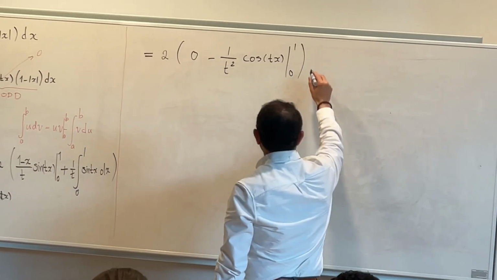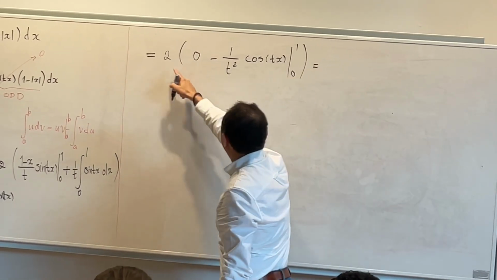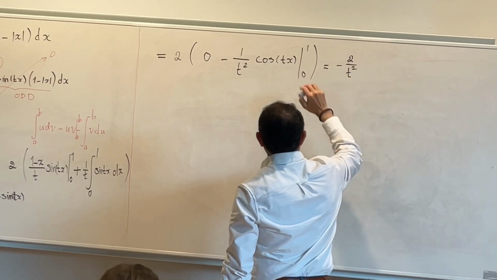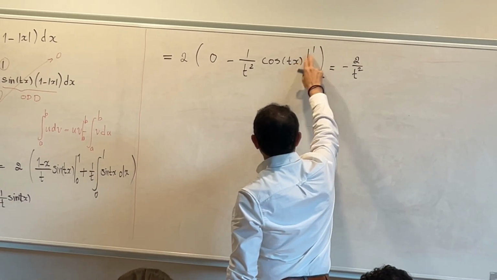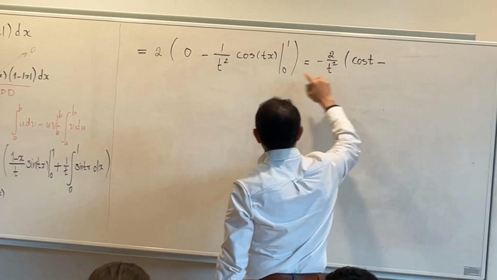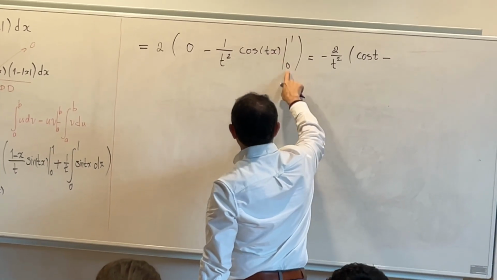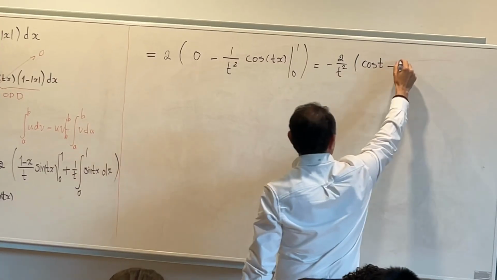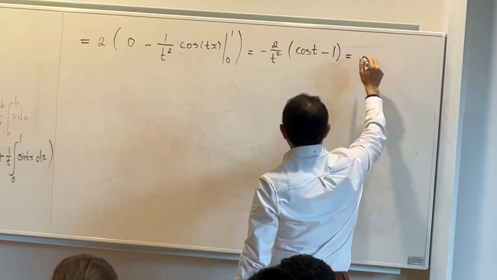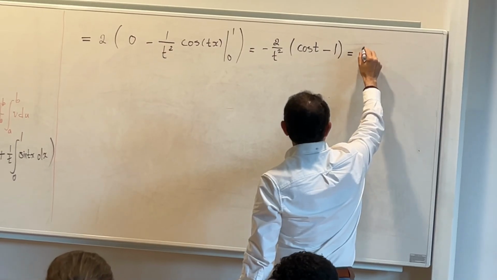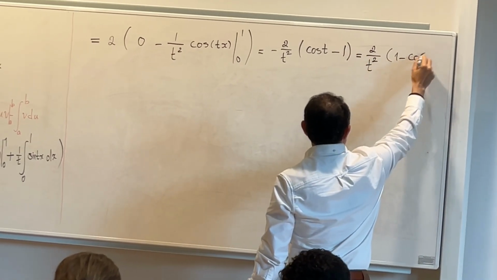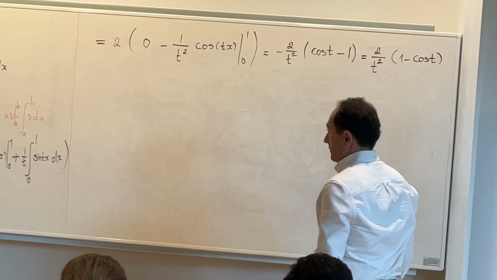I multiply 2 in, so it becomes minus 2 over t squared. I replace x with the upper limit, so it becomes cosine t, minus, replacing x with the lower limit, cosine of 0 which is 1. If I multiply the minus sign in, it becomes 2 over t squared times 1 minus cosine t. So that is my calculation.